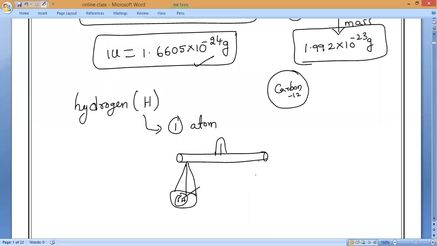This side equals how many carbon-12 parts? 1/12 of the carbon-12. Means one piece of carbon-12 is equal to one hydrogen atom.